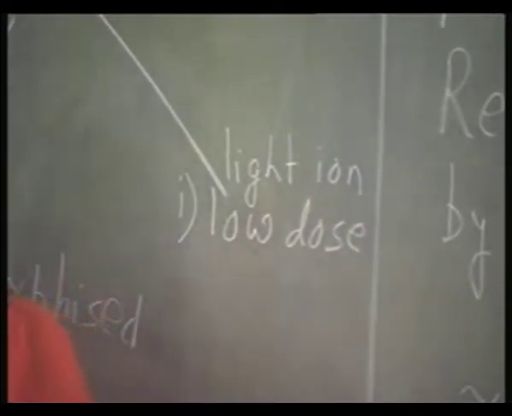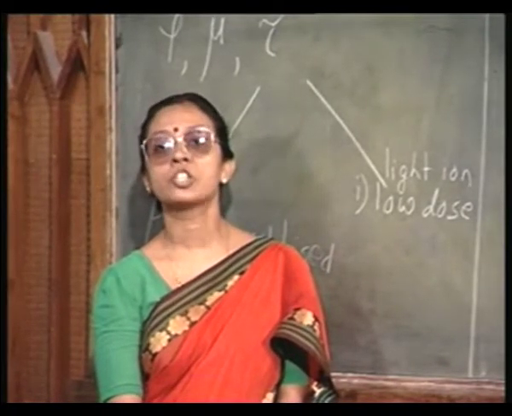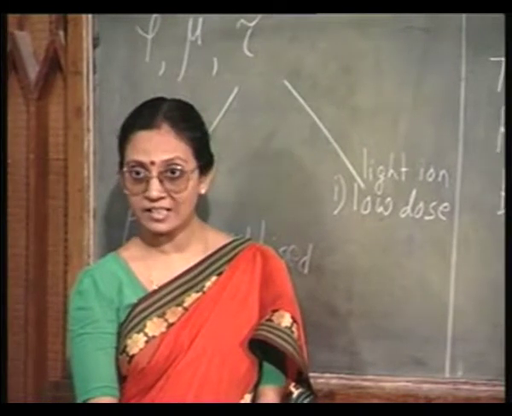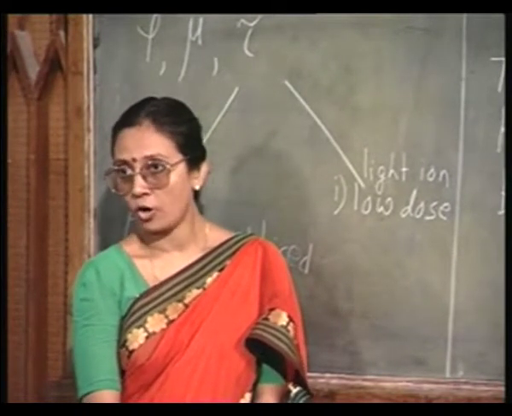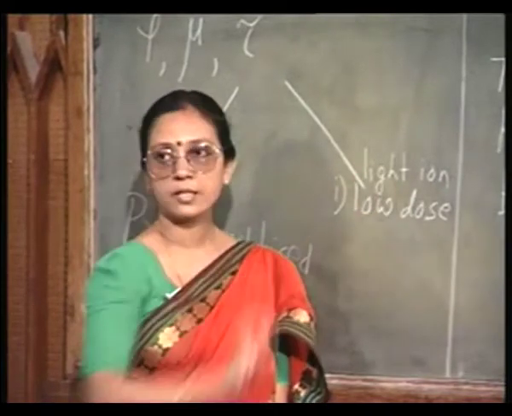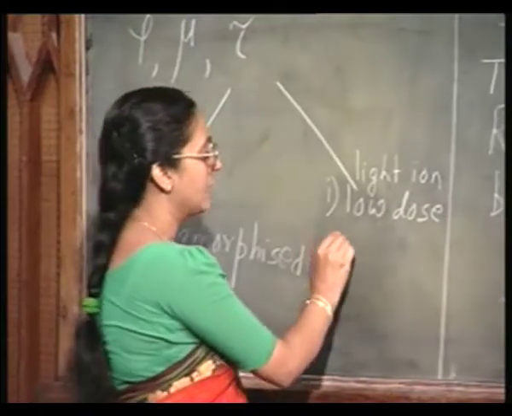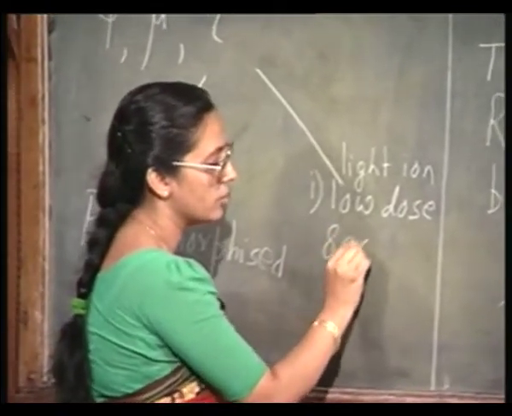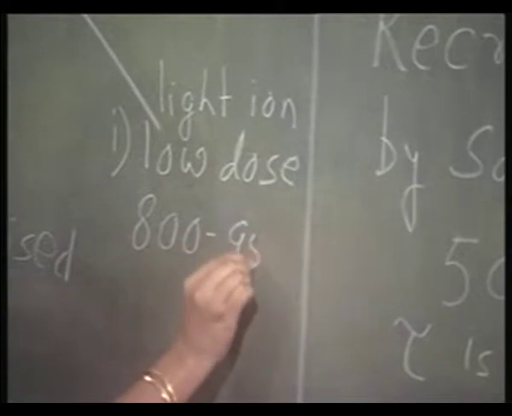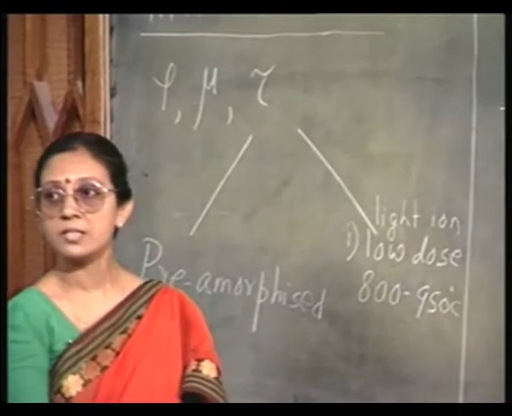It is low dose combined with light ions, that means the damages are much less. It is light ion, so damages are less, also it is low dose, therefore damages are less. So, this combination of light ion and low dose will have less damage, which can be annealed out in the temperature range of 800 to 950 degrees centigrade. All the parameters you will get back, rho, mu as well as tau.